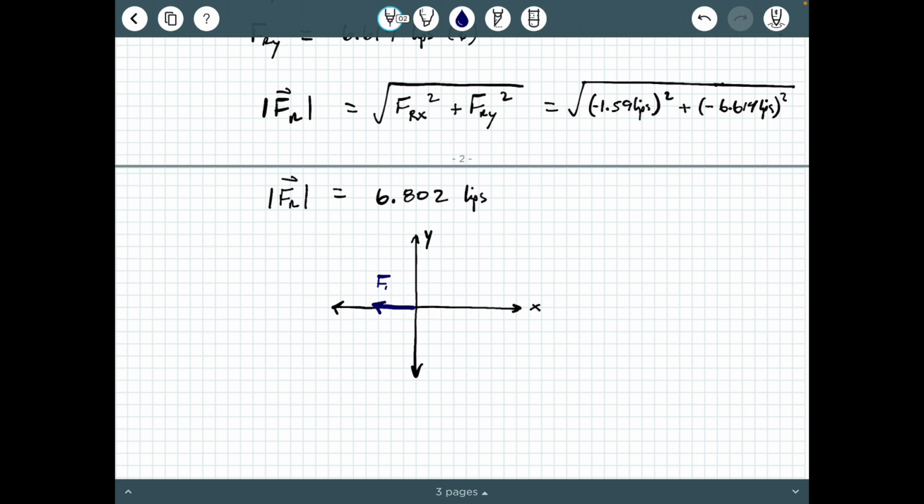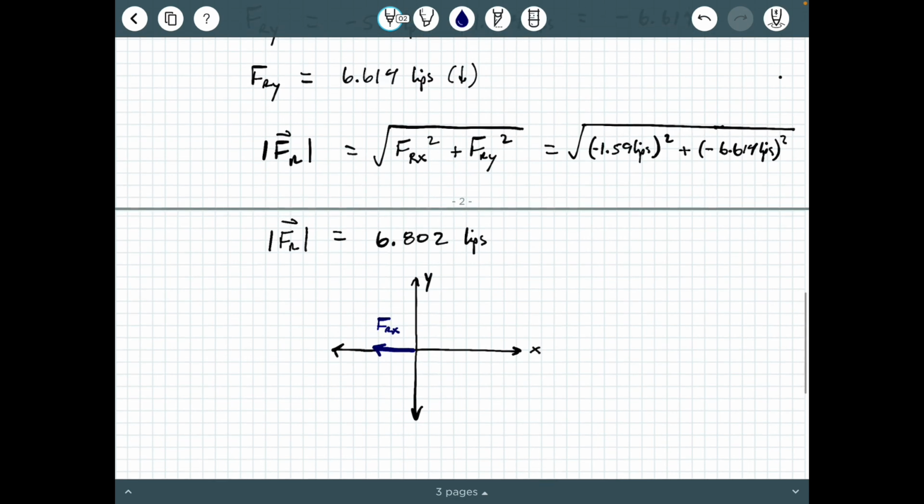So here's FRX, and then FRY was a negative 6.614, so that's going to be a bit longer. Here, let me just label it FRY.